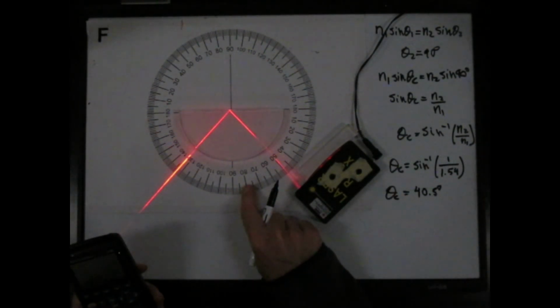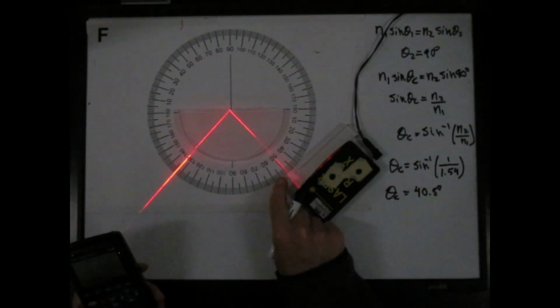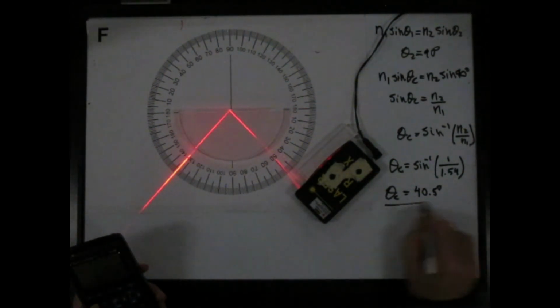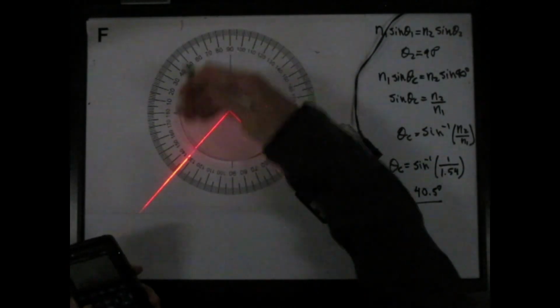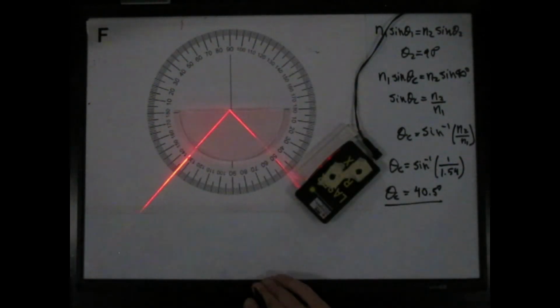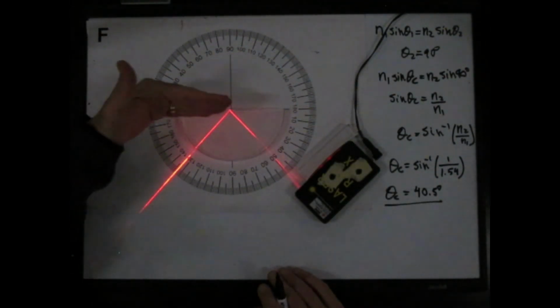This is 90, so it's 80, 70, 60, 50. It's slightly over 40 degrees. That's the critical angle. That's where the refracted ray going from inside the glass or the acrylic to outside the acrylic can no longer happen.